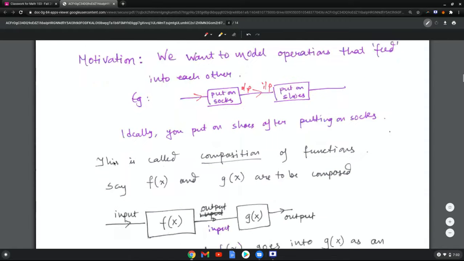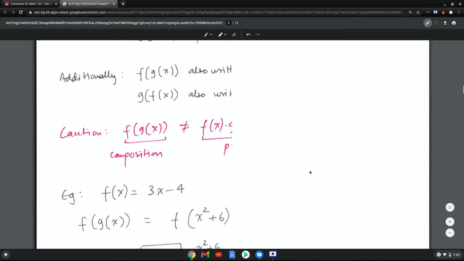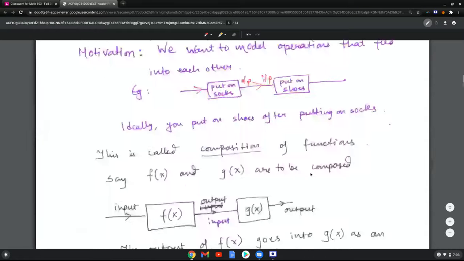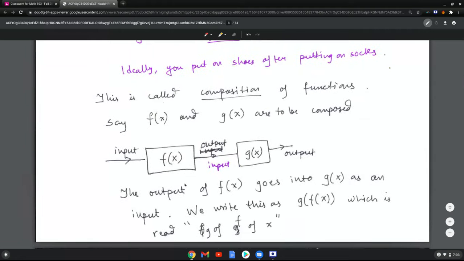Say f(x) and g(x) are to be composed, then the input goes into the function f, the output that comes out of f goes into g as the input, and then we get the final output. This is written as g(f(x)), and we read this as g of f of x.